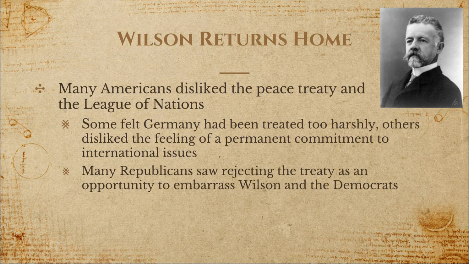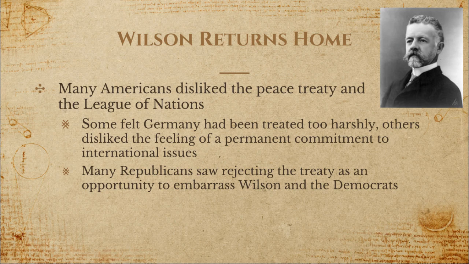In addition, some Americans disliked the League of Nations because it created the feeling that America would have made a permanent commitment to international issues, which could potentially drag America into future conflicts that they did not otherwise need to be involved in, similar to how some felt when America got involved in World War I in the first place.